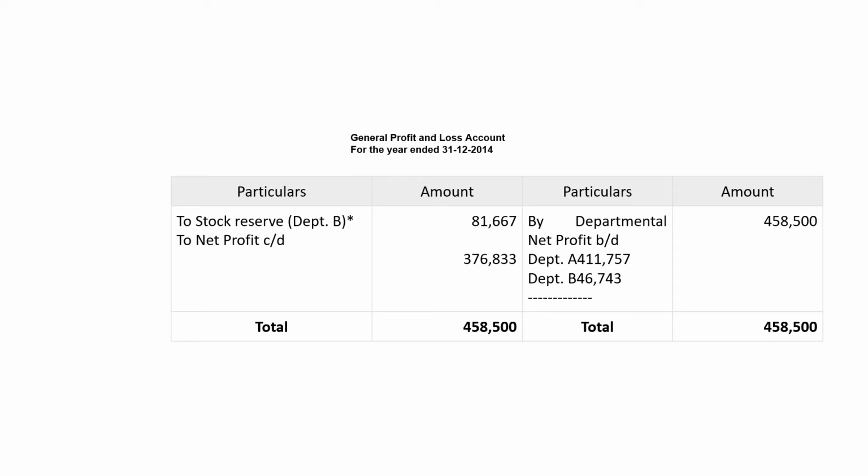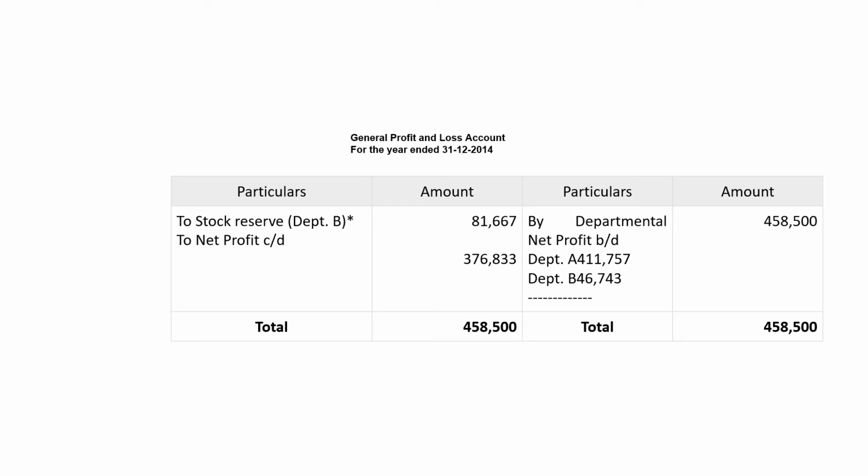So out of the 3,15,000, that is our closing stock, how much is from department A? You will calculate this by using this formula. The 2,45,000 out of 3,15,000 is the stock which was purchased from department A.